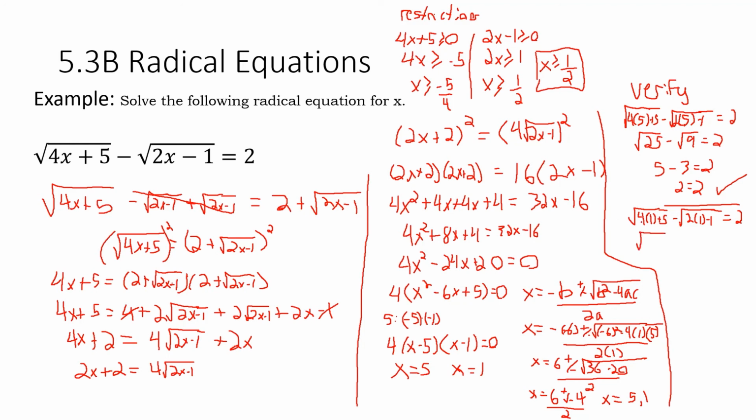So underneath here, 4 times 1 is 4, plus 5 is 9. 2 times 1 is 2, minus 1 is 1, equals 2. Root 9 is 3, root 1 is 1, equals 2. 3 minus 1 is 2, that does indeed equal 2, so there's no extraneous root for this.